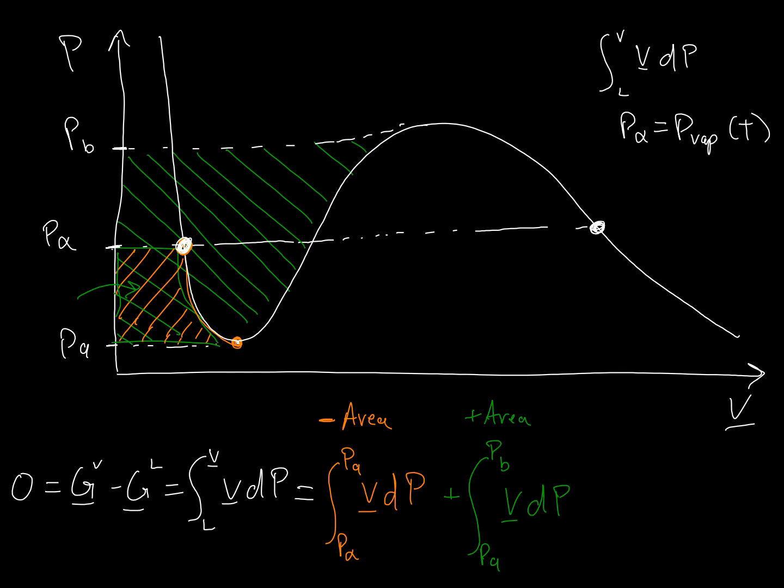Now the last step to finish it off is we have to go from PB back down to P alpha of V dP. So is this a positive area or a negative area? Negative. That's because the limits, the bottom one is bigger than the upper one. So it's actually a negative.